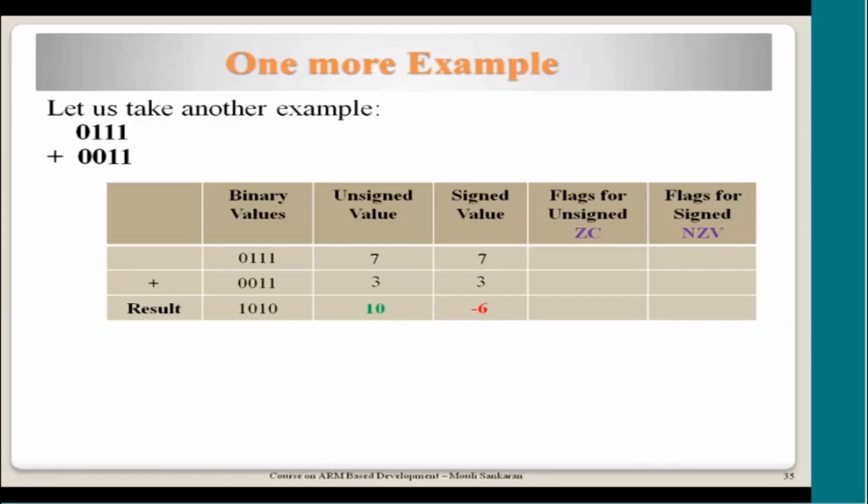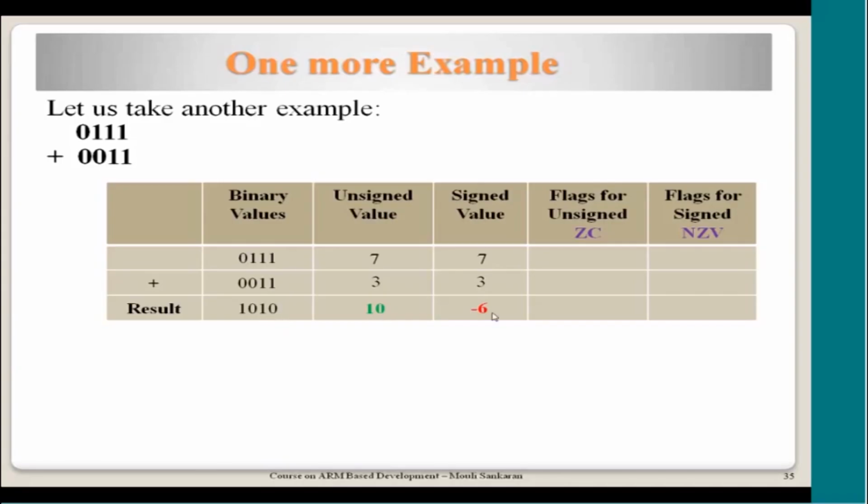Now we have to see that the interpretation of the number, whether it is signed or unsigned, is different. In unsigned, we consider this also a positive value, and then we say 2 to the power 3 here, and then add this value, 8 plus 2, 10.